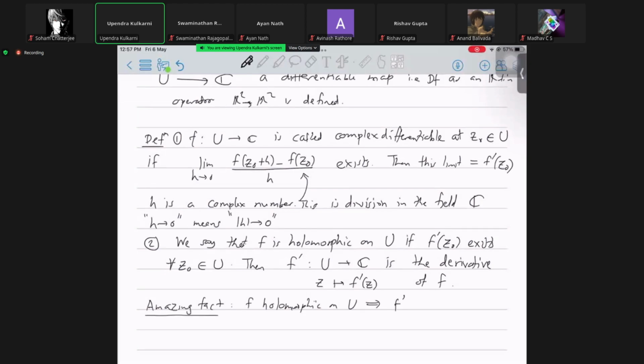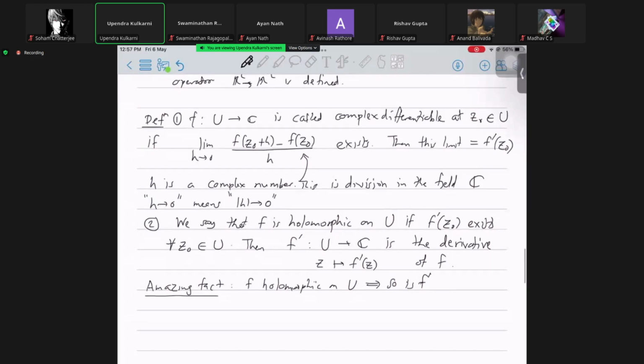You will learn this in complex analysis. So today what we want to do is Cauchy-Riemann conditions.